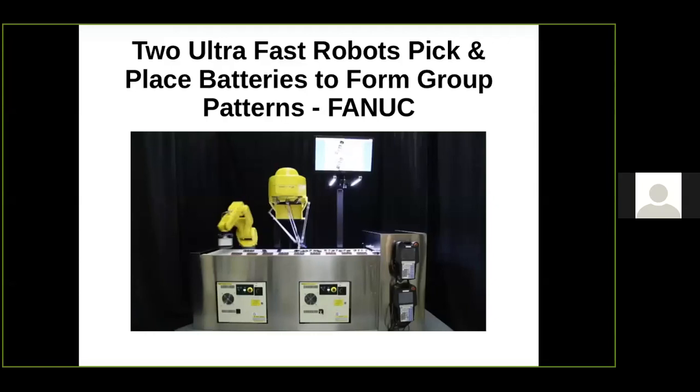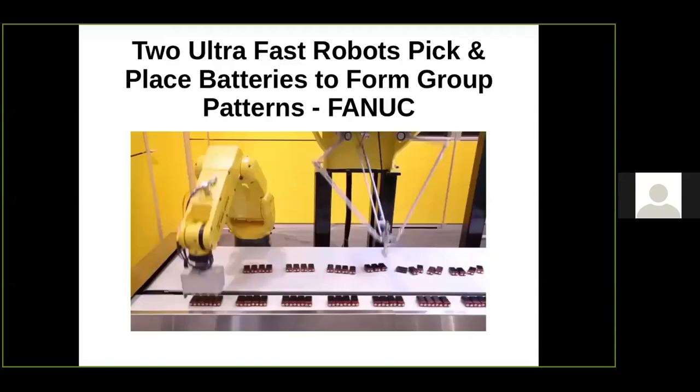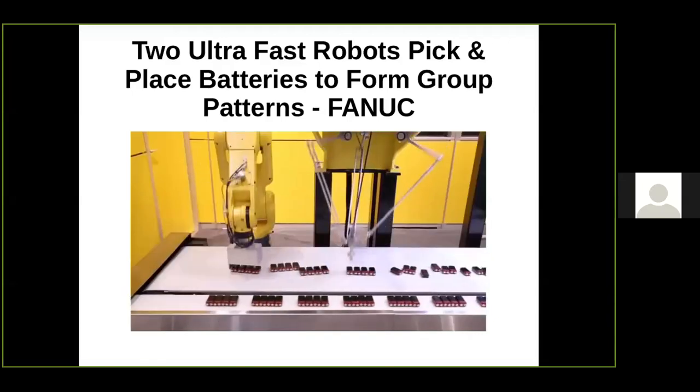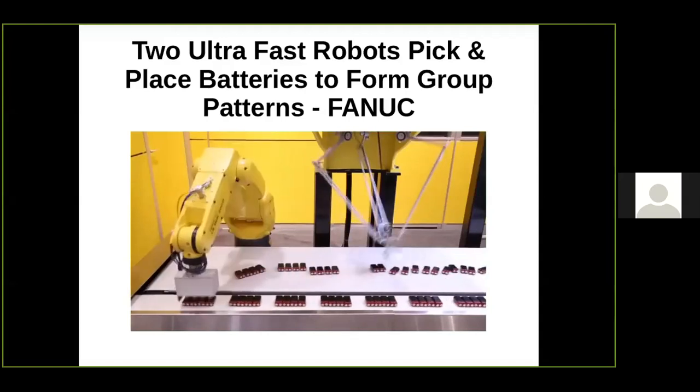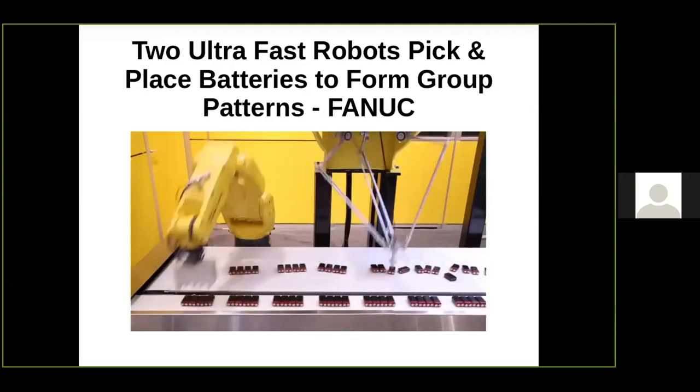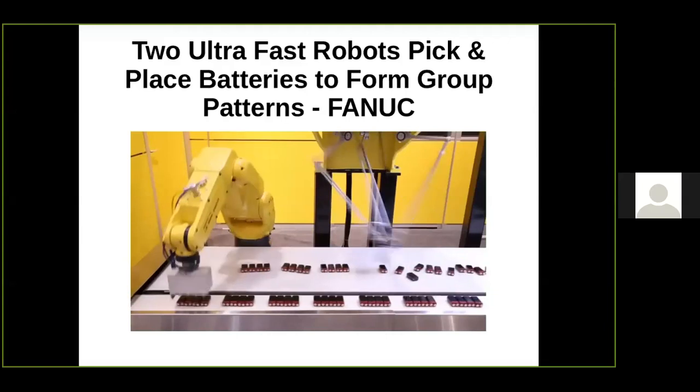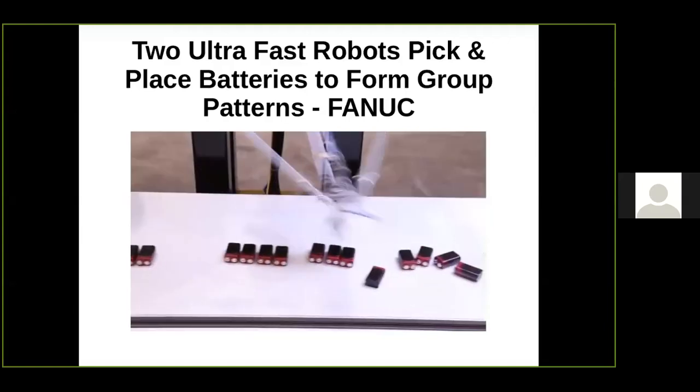You can see a screen on the top where the computer captures the image of the batteries and gives the location to the robot, and then it picks up the batteries accordingly and arranges them. This is a very difficult task which is being accomplished.